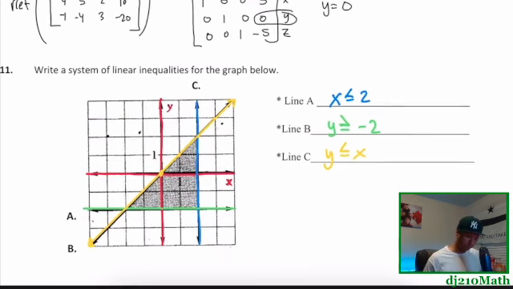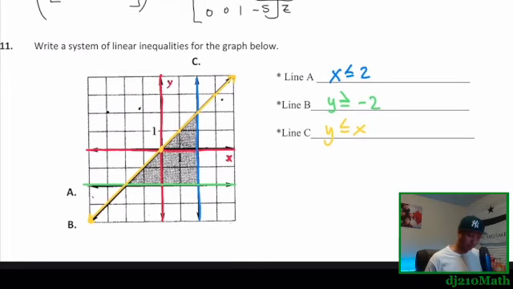So what rules was I just using? As long as you have your variable to the left, as we did here, if you have less than, you shade below or to the left, depending if it's an X. Right. If it's greater than, you shade above or to the right.